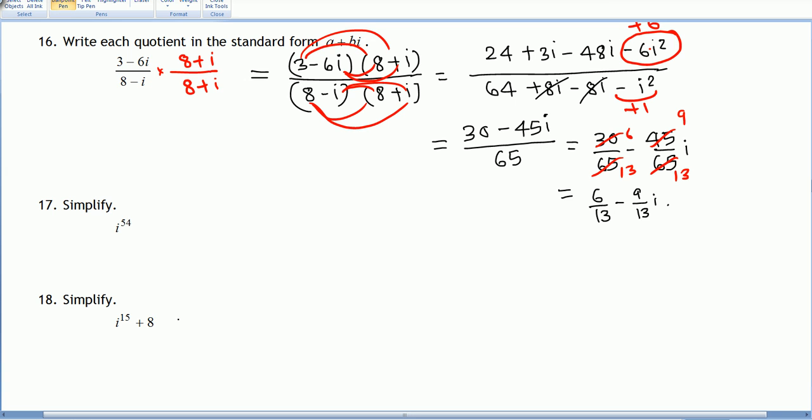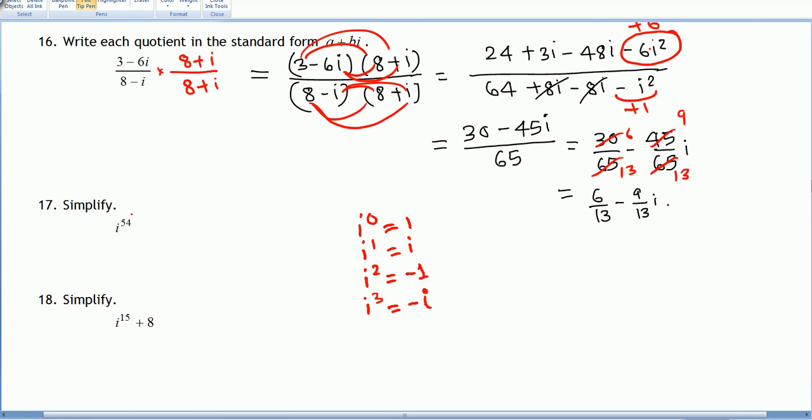Okay, and number 17, i raised to 54. We know i raised to 0 is 1, i raised to 1 is just i, i raised to 2 is negative 1, and i raised to 3 is negative i. All others just repeat one of them.